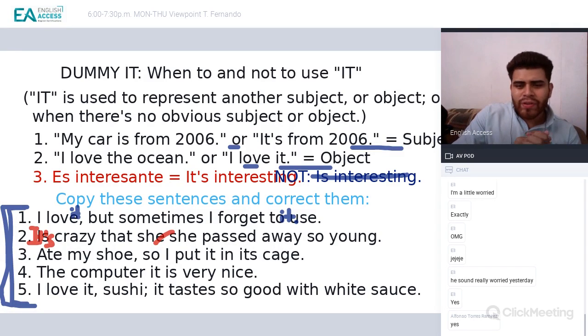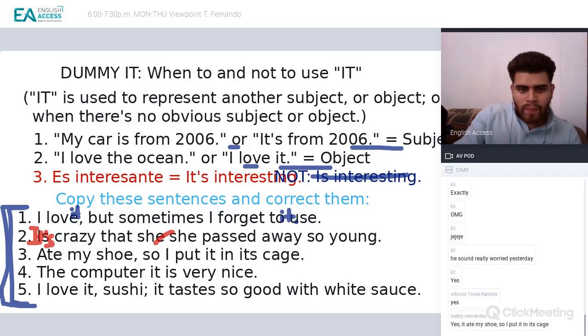Getzi, could you do number 3? And Fonzo, while Getzi is doing number 3, write your answer for number 4. Very good. It ate my shoe.